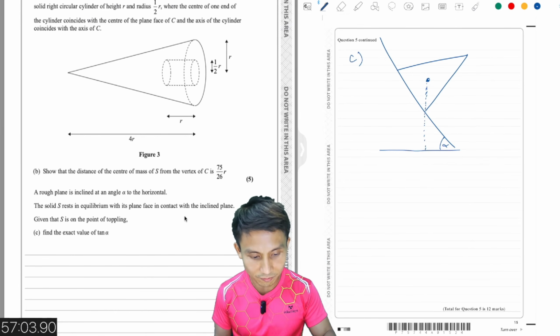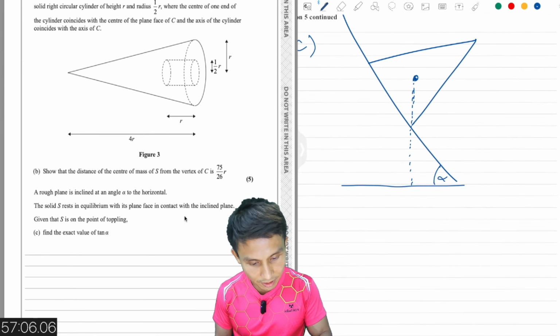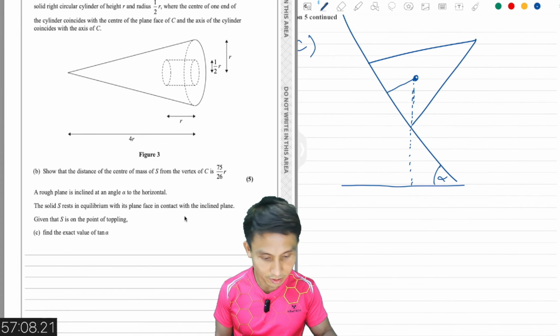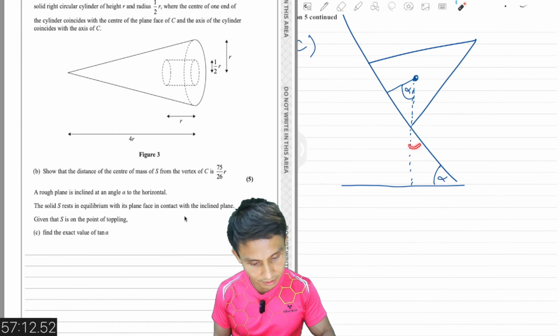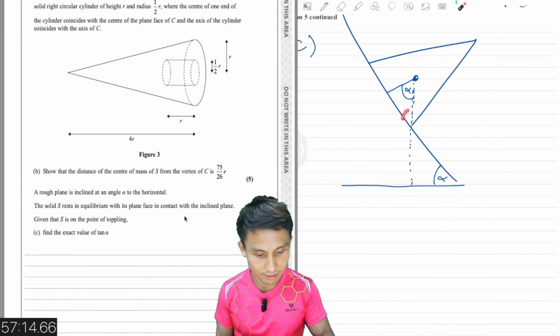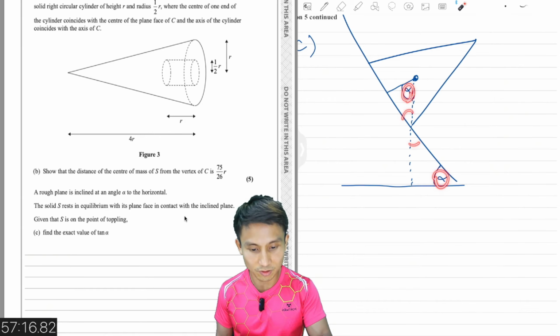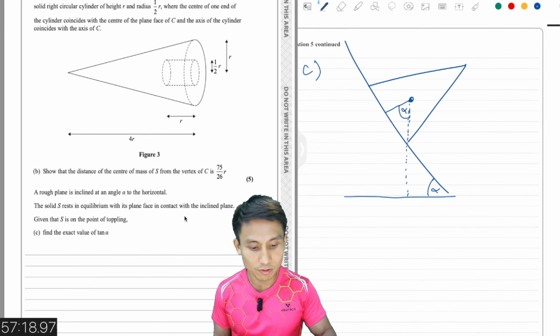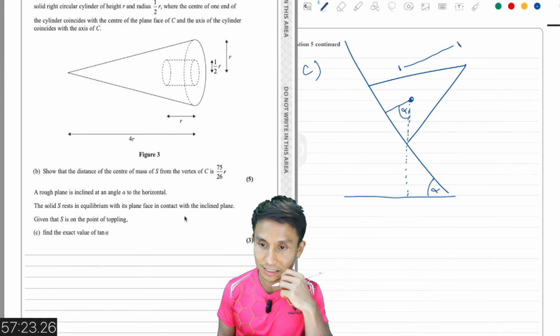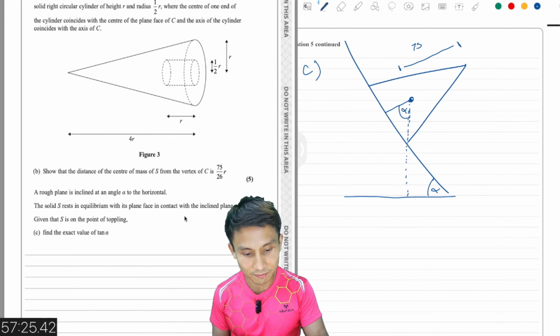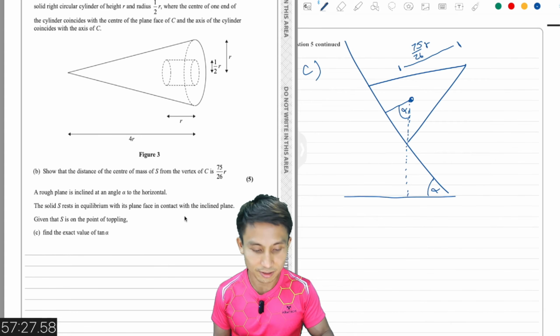So if that is alpha, there is some similar triangle here that we can use, so that is also alpha, I think, because these two would be the same angle, right? Now, we already know that the center of mass of the new shape S here is 75 over 26r from that.